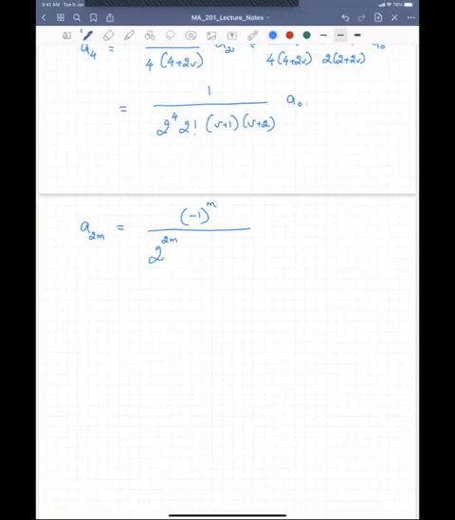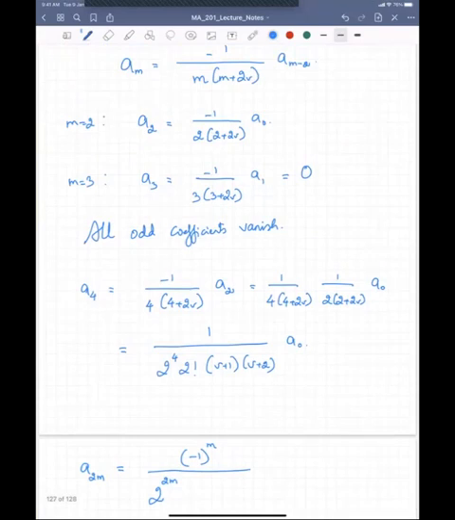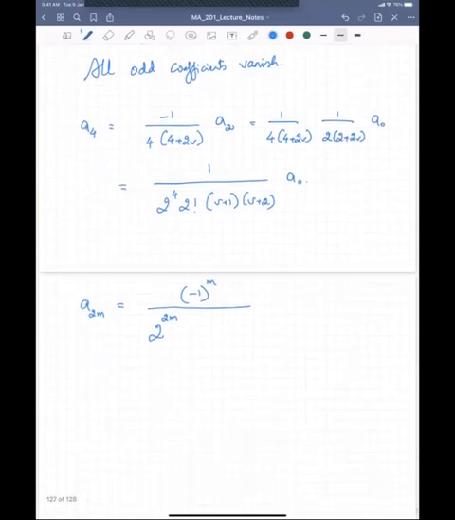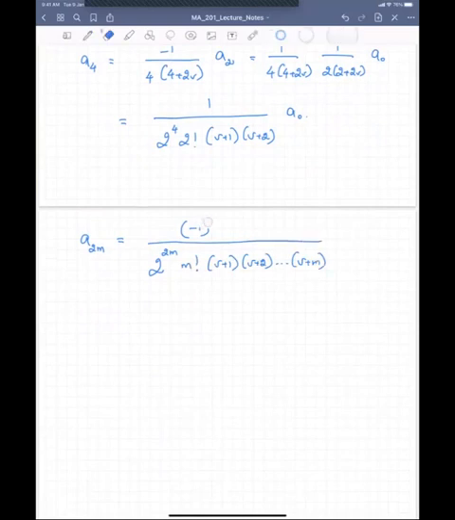And if you look at this, a2 has a 1 factorial in the denominator, a4 has a 2 factorial. So a2n would correspondingly have an n factorial. And then it will have factors like nu plus 1, nu plus 2, all the way to nu plus n. So write this in a slightly more symmetrical fashion. And this will multiply a0.